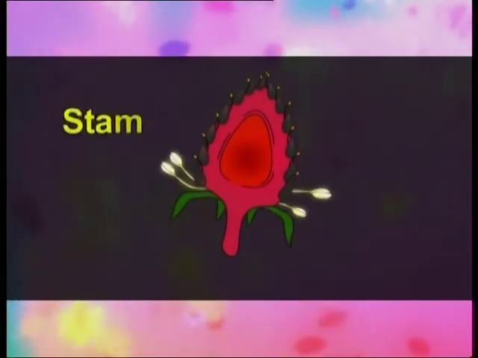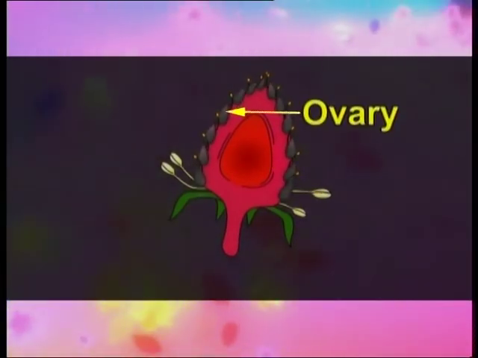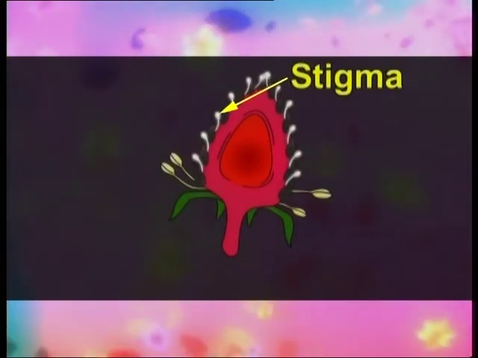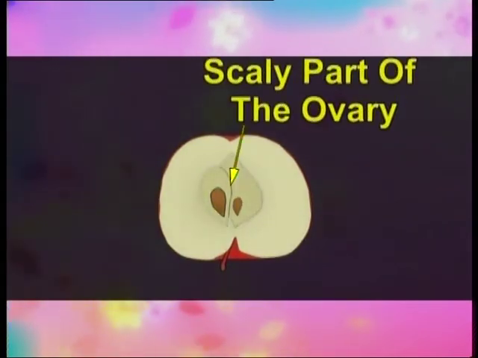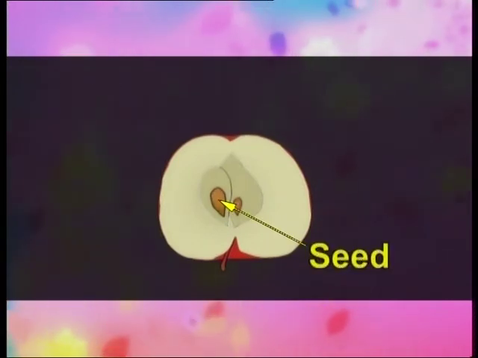Yum yum. The apple plant, just like the strawberry plant, has an ovary that becomes fleshy, sweet and juicy. However, the sepals and the stamen remain.